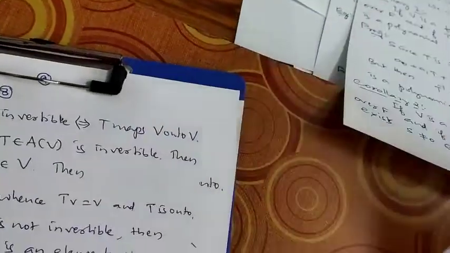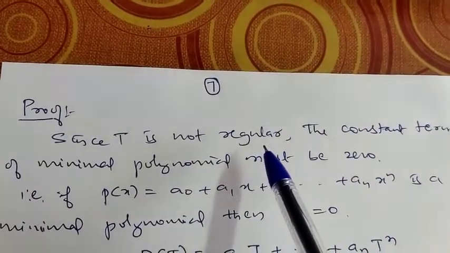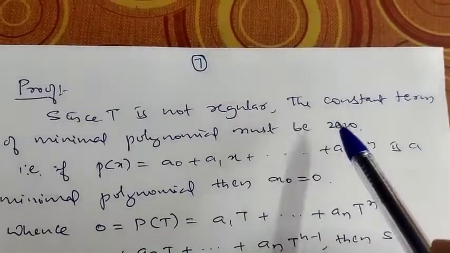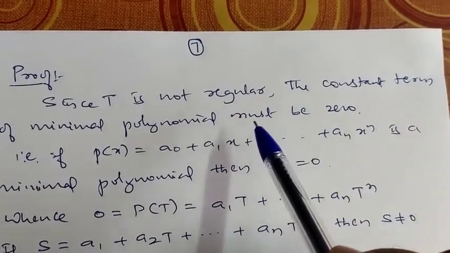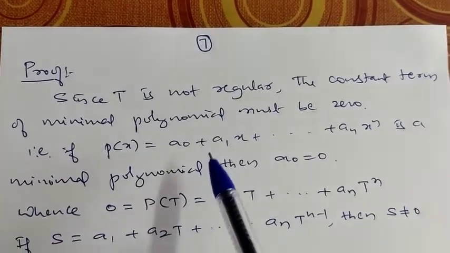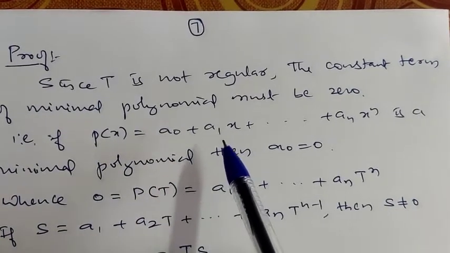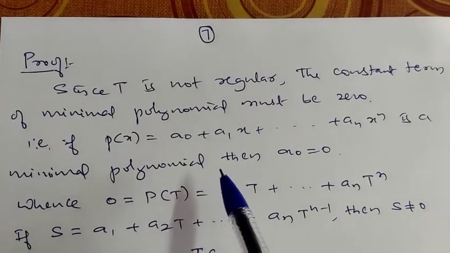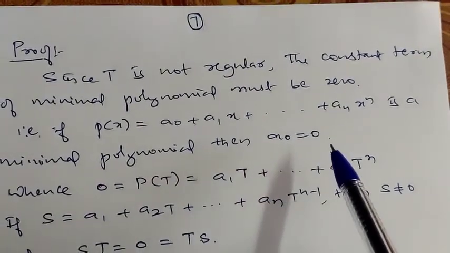Suppose T is not regular, means T is singular. T is singular means, by the above theorem, the constant term of the minimal polynomial will be 0. Therefore, if P of x is the minimal polynomial a0 plus a1x and so on an x power of n, then according to this a0 is equal to 0.